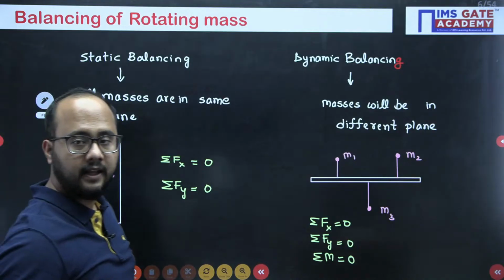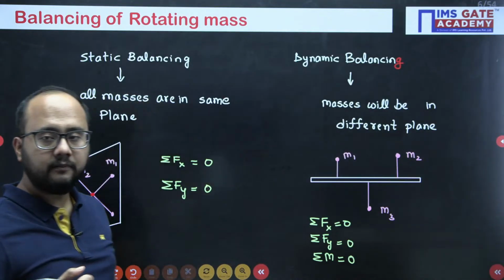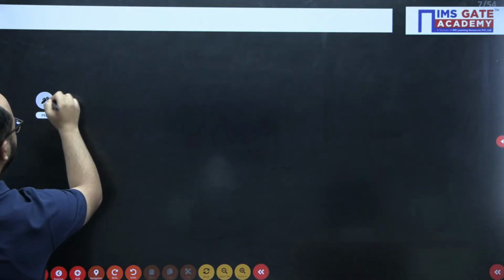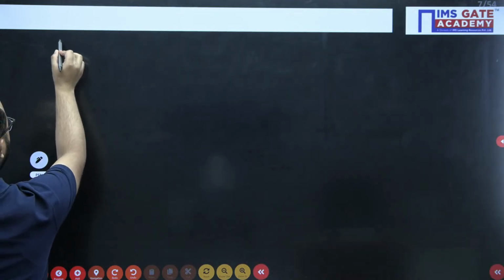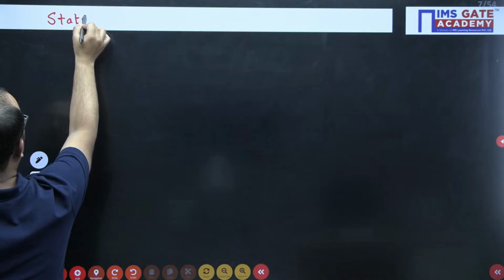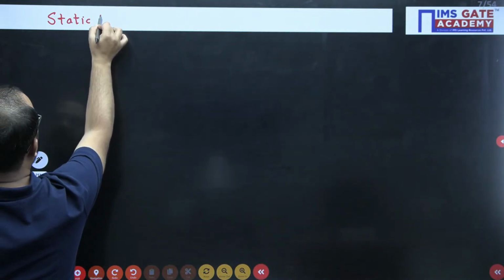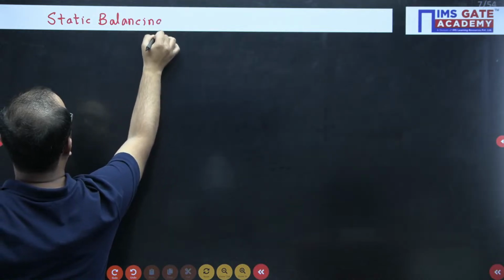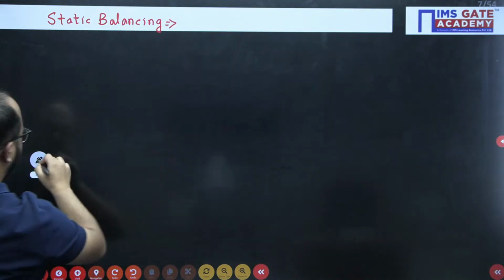Okay. Now one example I will give you here regarding the rotating masses in the same plane. Let's suppose we are discussing a static balancing case. Now see here.